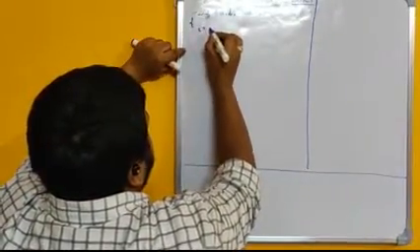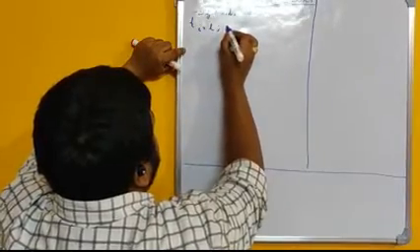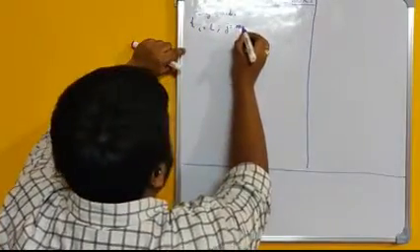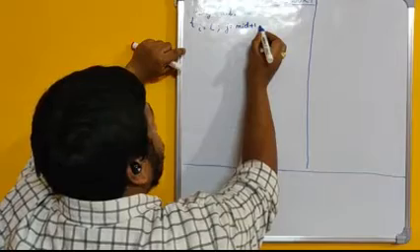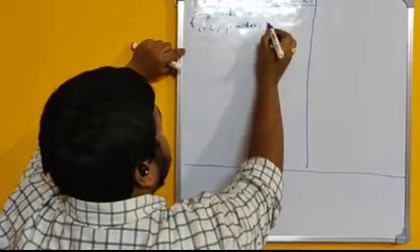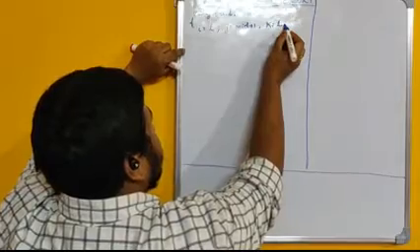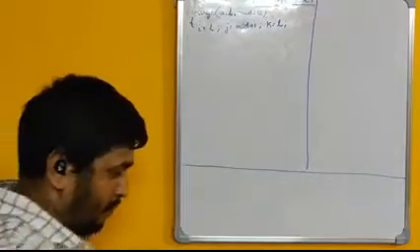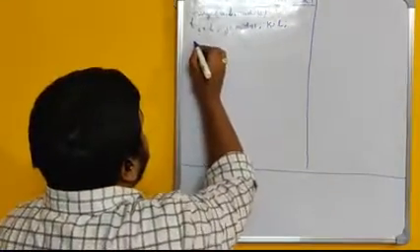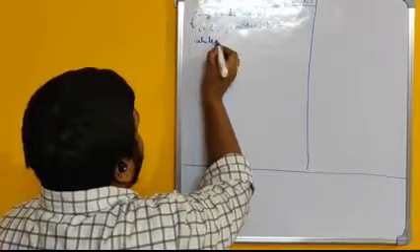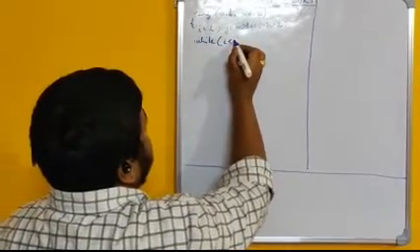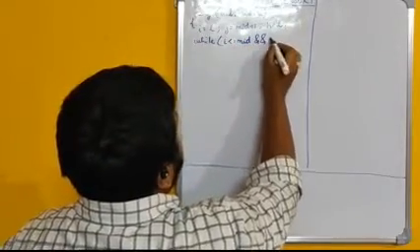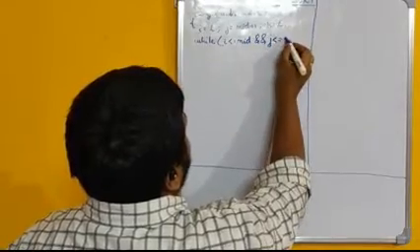I is equal to lower bound, J is equal to mid plus 1, and K is equal to lower bound. Because of space problem I have initialized in a single line. Next we check one condition: while I is less than or equal to mid and J is less than or equal to upper bound.